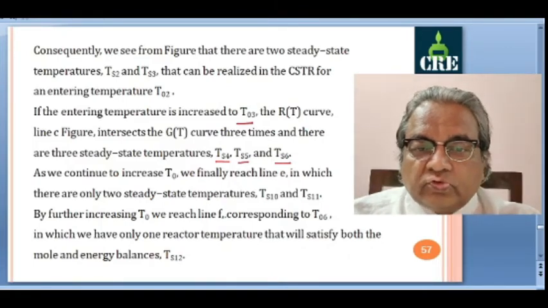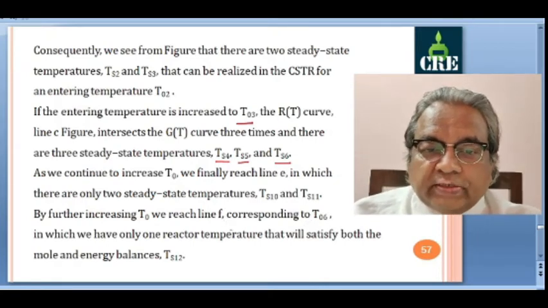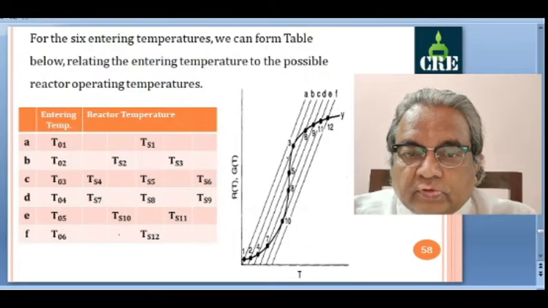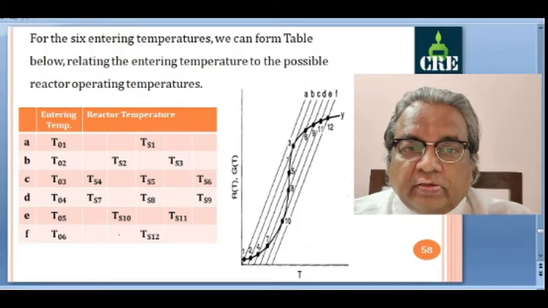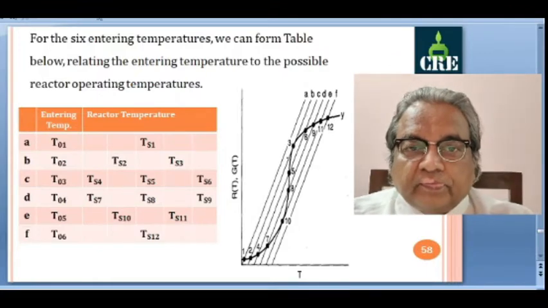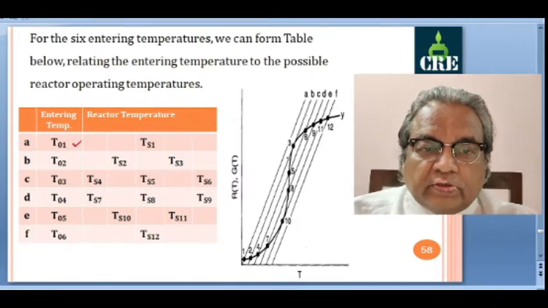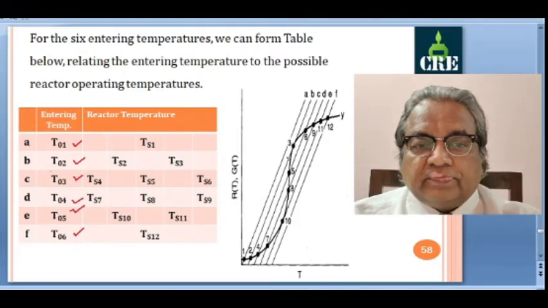If you further increase to F, there is only one steady state corresponding to T06 and that is Ts12. So we will see this in the table here. We have considered 6 entering temperatures: T01, T02, T03, T04, T05 and T06.